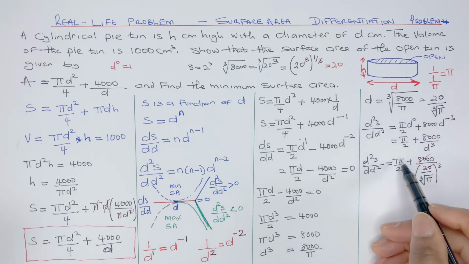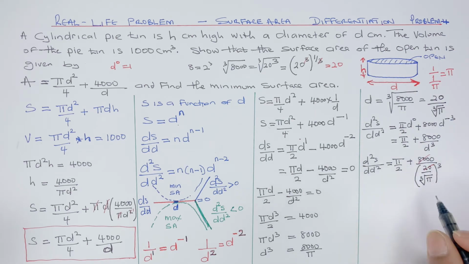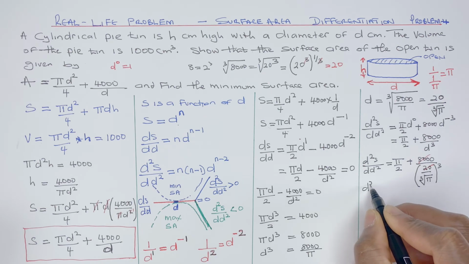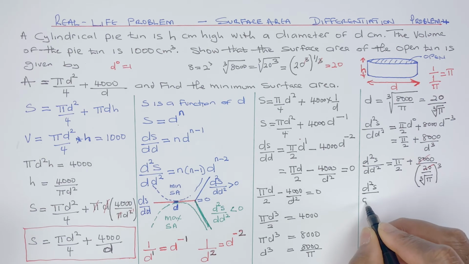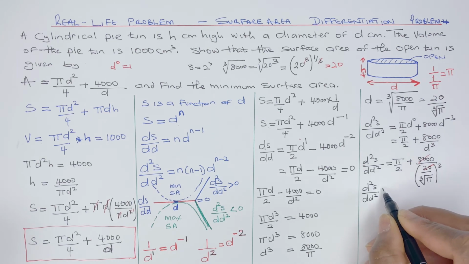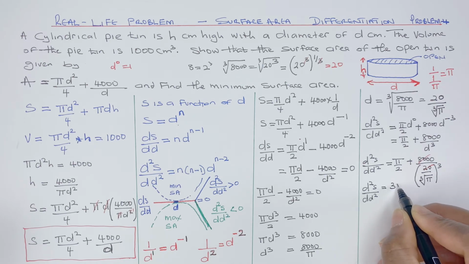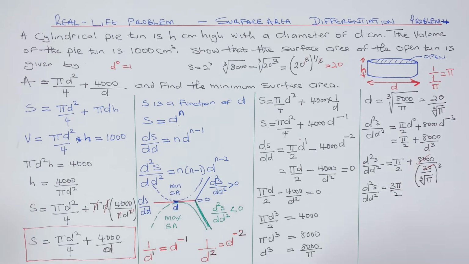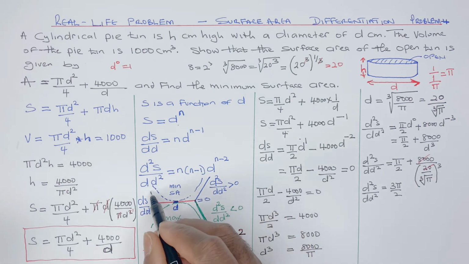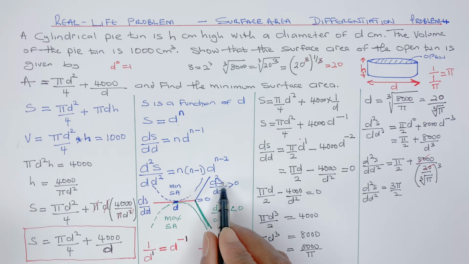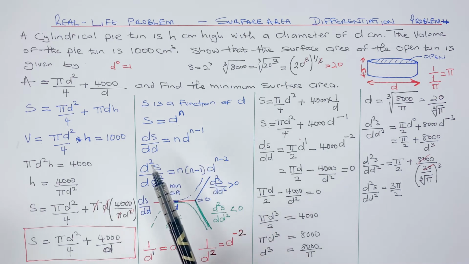Therefore, you're going to get pi over 2 plus pi. So therefore, d²s over dd² equals 3 pi over 2. So that shows it's positive. That is a minimum, because d²s over dd² is greater than 0. Yes, it is a minimum.